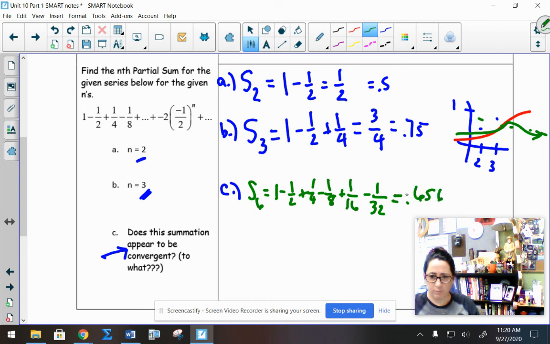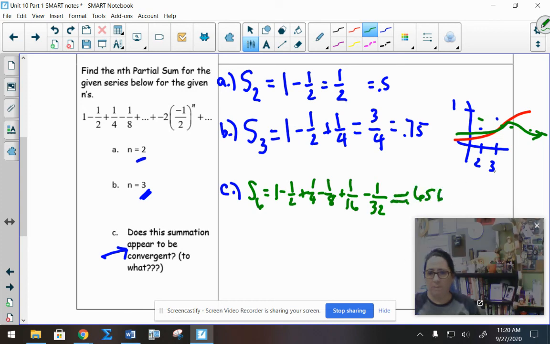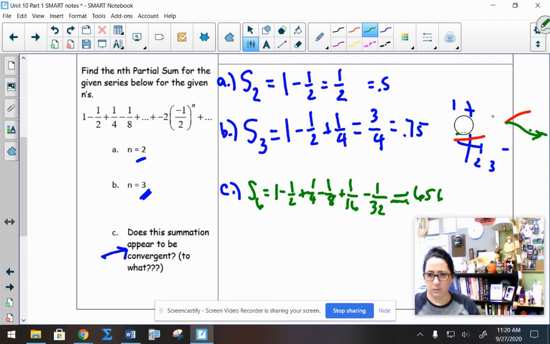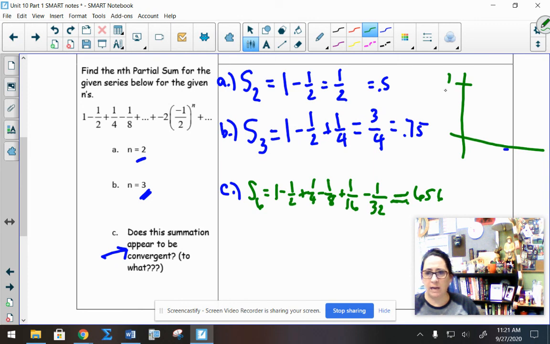So let's keep going. If I did S sub 10, well, I could say that's S sub 6 plus, we could just kind of add on and cheat a little bit. So now let's go to the 7th term past this. That would be negative 1 over, that was what, 2 to the, so that would be 32 times 2, so 64.